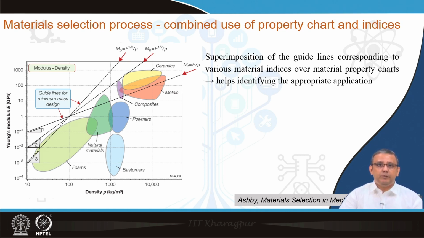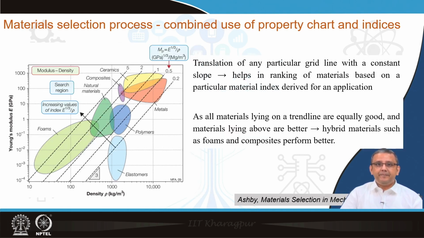The line for the slope of 1, which is E over rho, the lines for the slope of 2, that is E to the power 1/2 over rho, and the lines for the slope of 3, that is E to the power 1/3 over rho. For our interest, we now concentrate on E to the power 1/3 over rho, that means the lines with the slope of 3.